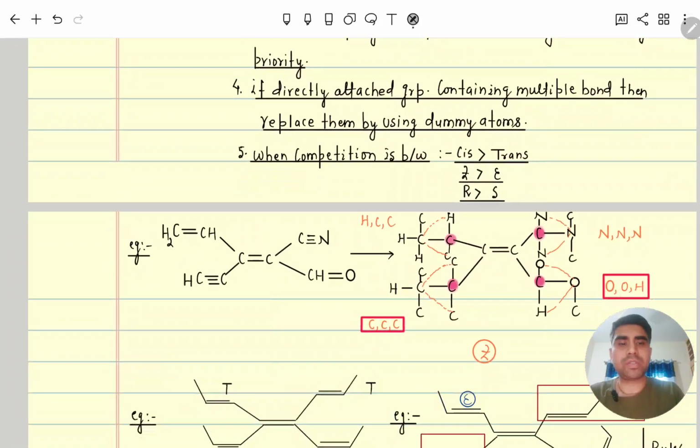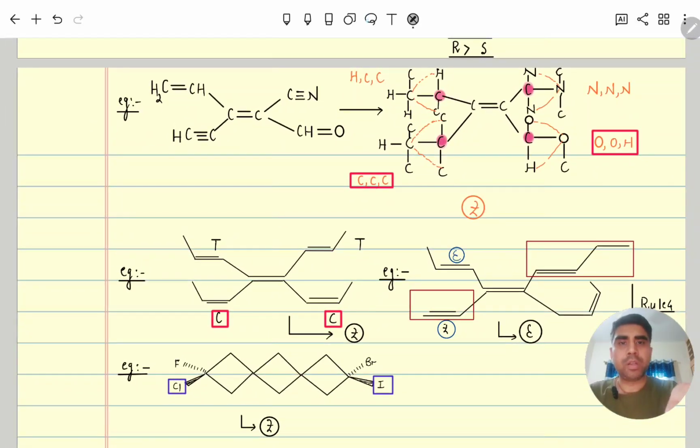So like here we can see that restricted rotation is there. Now here multiple bonds are there, here also multiple bonds are there. So we need to create its dummy atom. How to create a dummy atom? Here that carbon is there and one hydrogen is there, right? Now it has a double bond. Since this carbon is connected to this carbon with an extra double bond, you connect one carbon here.